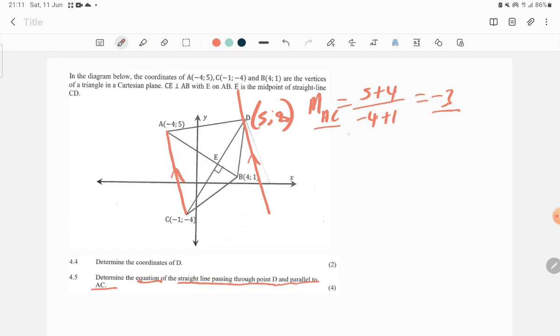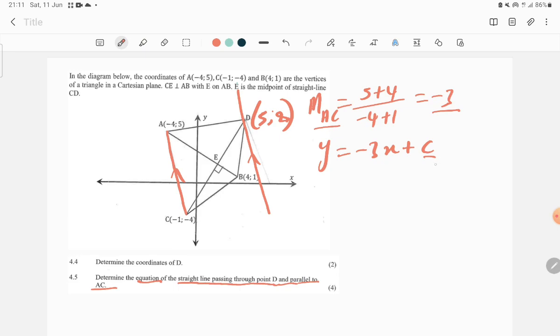That makes the equation of this line that you are looking for y equals -3x, then plus c. Then how do we determine the value of c?